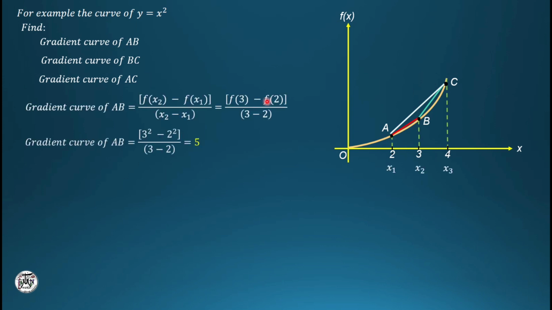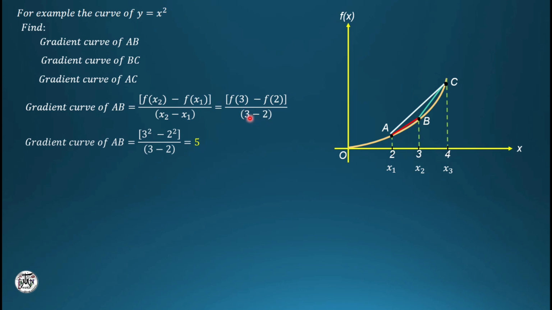The gradient of the curve of AB, we use this formula: f of x sub 2 minus f of x sub 1 over x sub 2 minus x sub 1. We indicate the values of x sub 1, x sub 2, and x sub 3 here. x sub 2 is 3, and x sub 1 is 2. So we write f of 3 minus f of 2 over 3 minus 2.